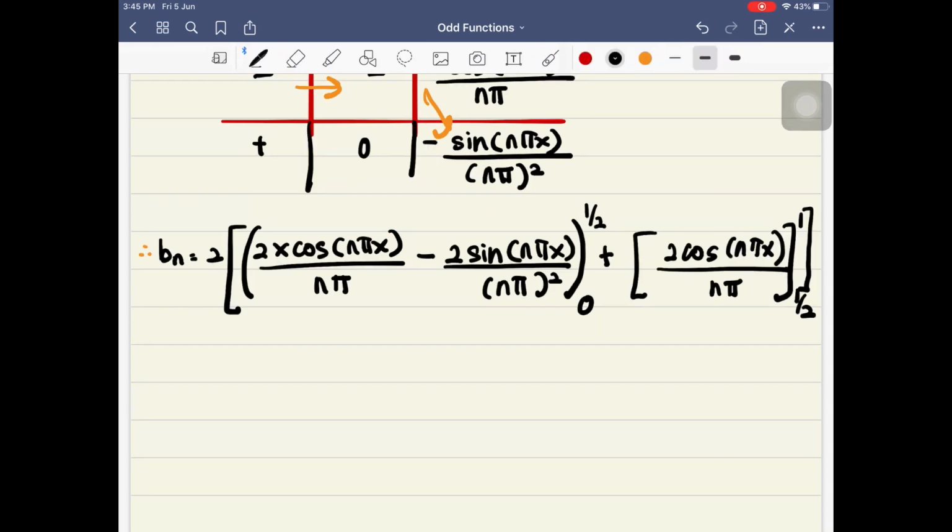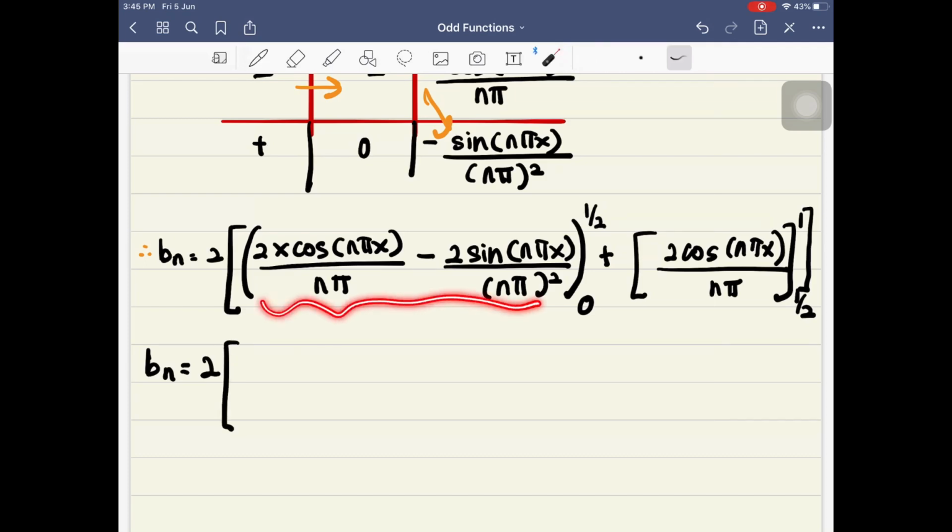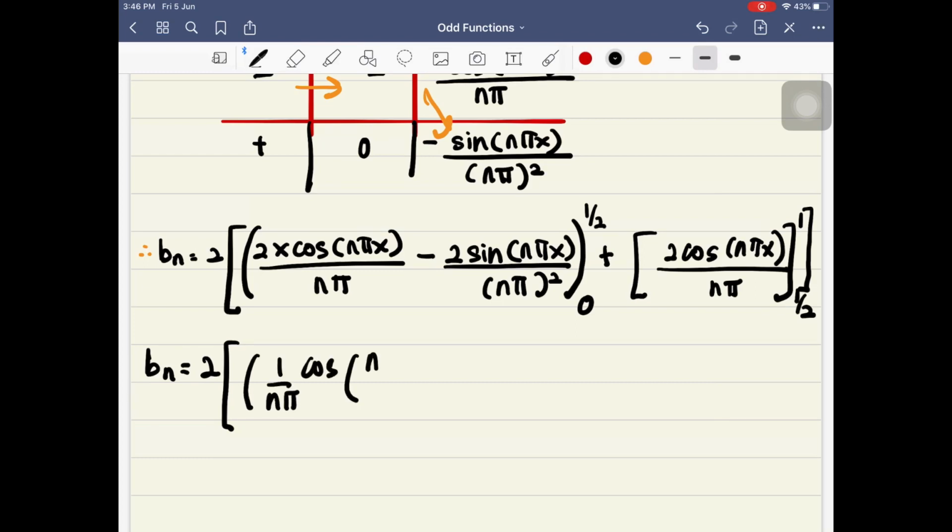Now we are going to apply upper limit minus lower limit. So your Bn is equals to 2. For the first function, we substitute x is equals to 1 over 2. So you will have 1 over n pi cos n pi over 2 minus 2 over n pi the whole thing squared sine n pi over 2.